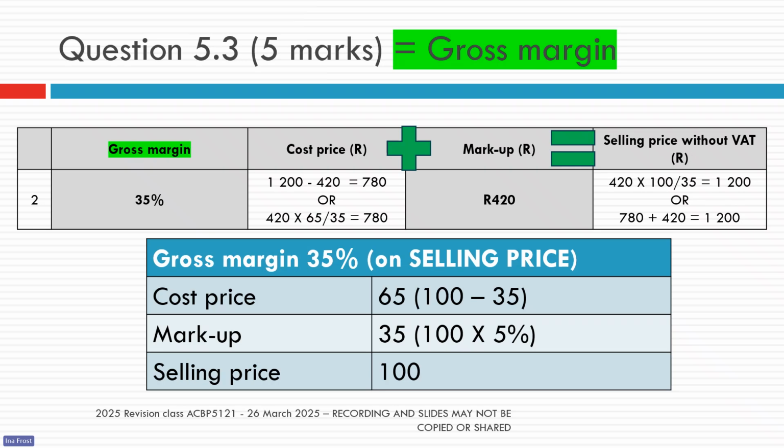And then once I have the cost price, it's fairly easy to get to the selling price. I just need to add the cost price and the markup together, and that will give me the selling price. So that is when we work with a gross margin. Okay, so this exercise is specific to gross margins where you are given the profit.